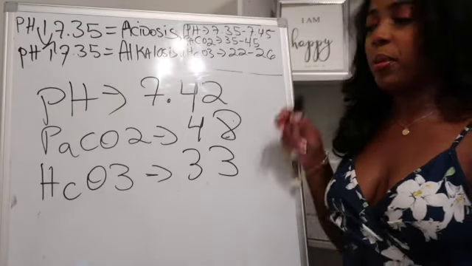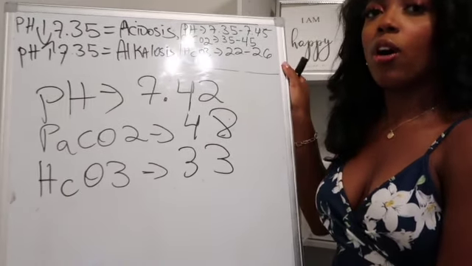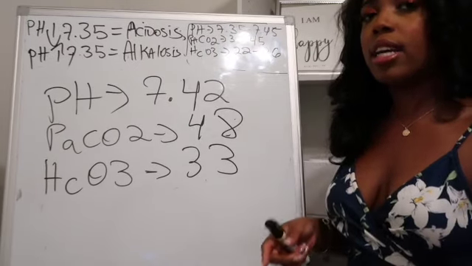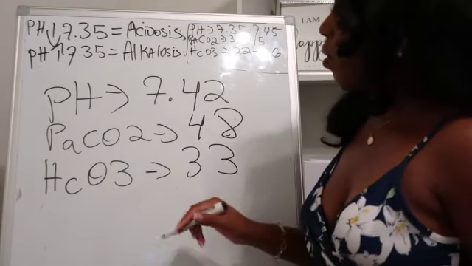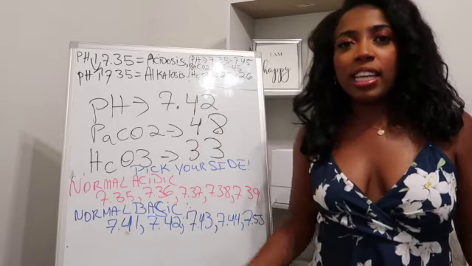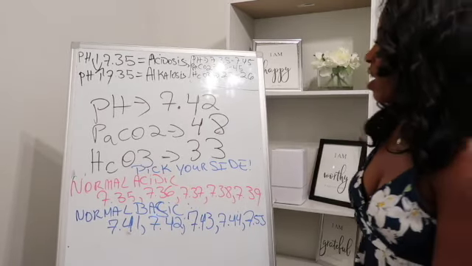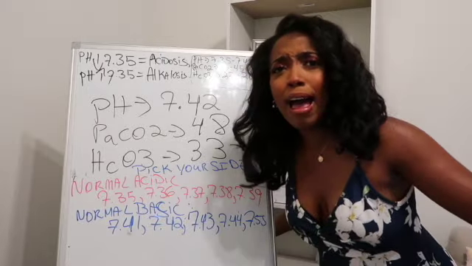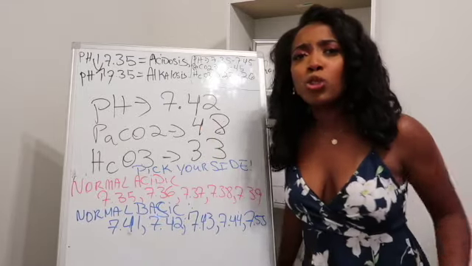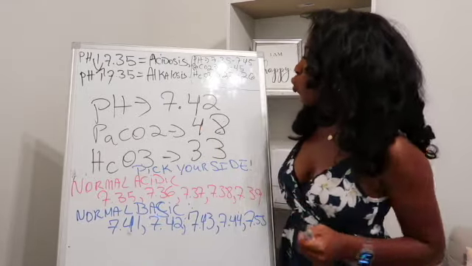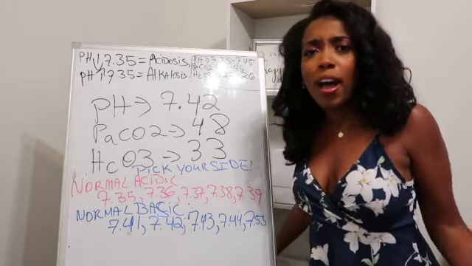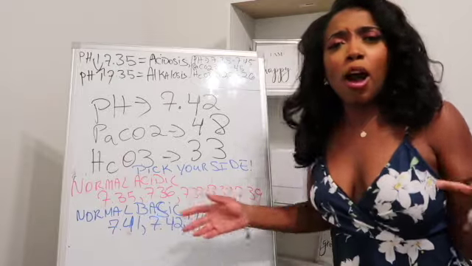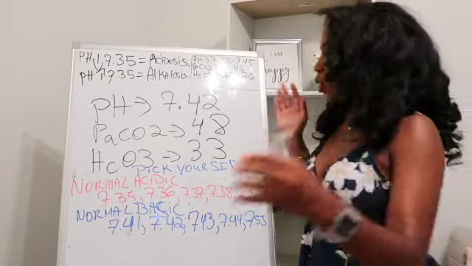When you have a problem like this, there's something called a normal acidic side and a normal alkaline side, okay? So simple, you don't have to memorize it or anything. I like to think of it like this. A little thing to remember is, well, pick your side, you know? The pH is normal, but the PaCO2 is abnormal, and the HCO3 is abnormal as well. It's like, come on, patient's body, pick your side.